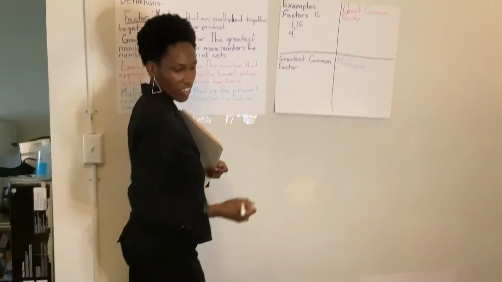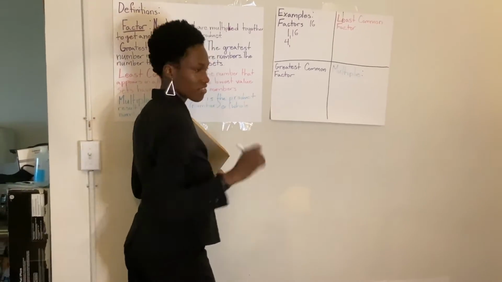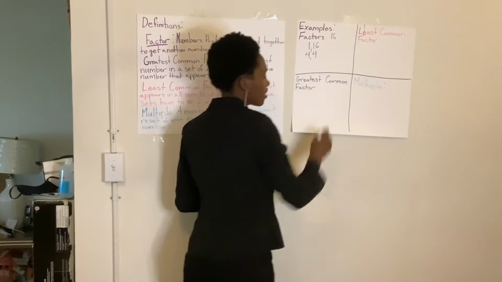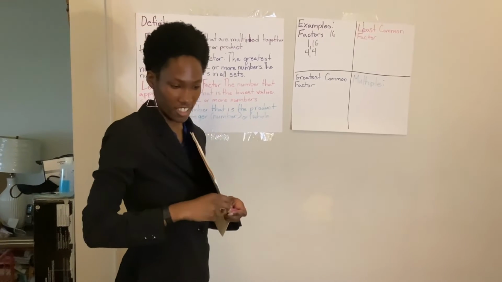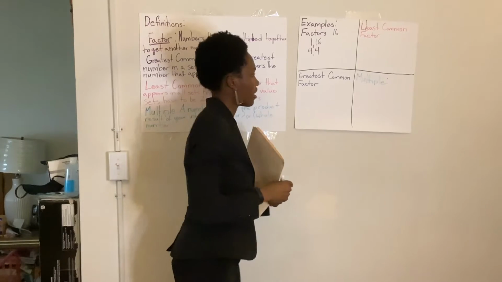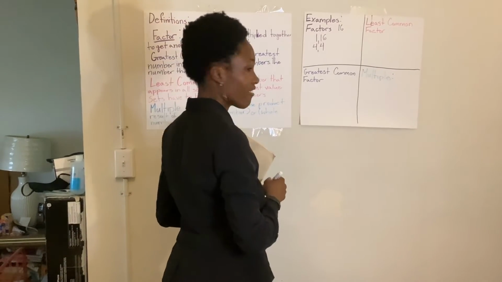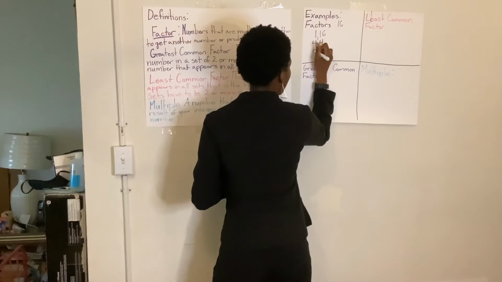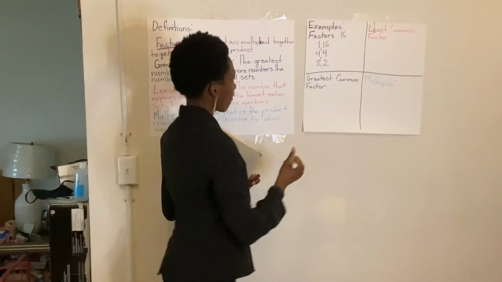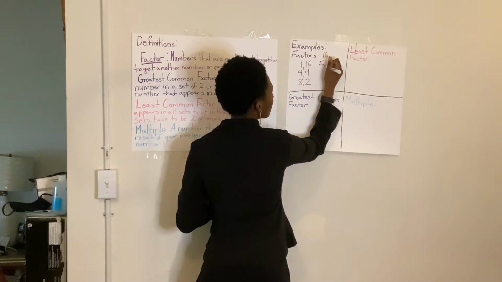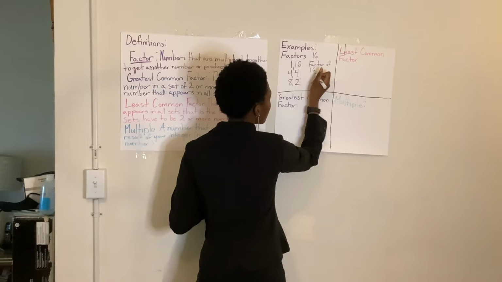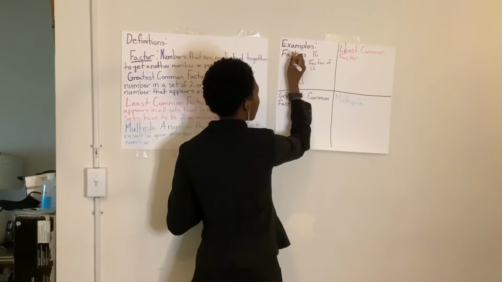And what times 4 is equal to 16? 4. So that would be 1, 2. And then is there any others that we can think of? I think there is about one more. 8 and 2. So the factors of 16 are all here.